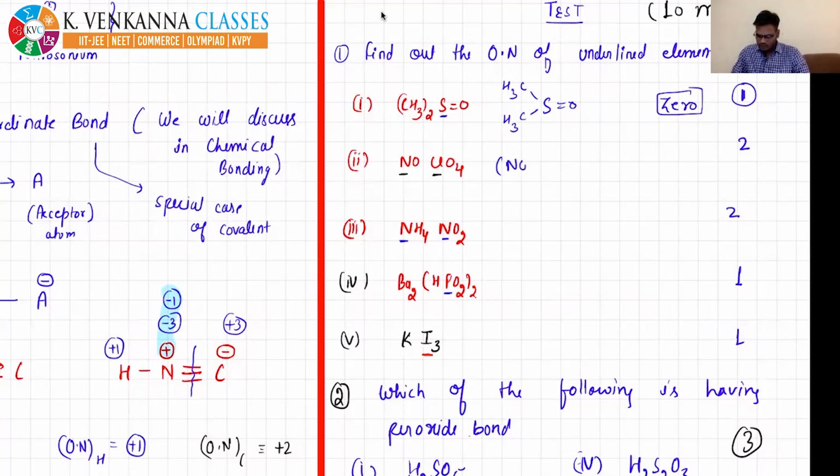This is nothing but NO plus and ClO4 minus. So you can solve these cation and anion individually, right? In the nitrosonium ion NO plus, with the help of oxygen it is having plus, right?